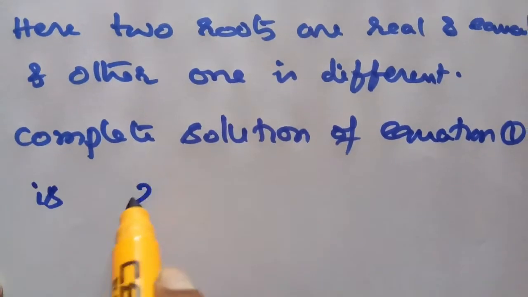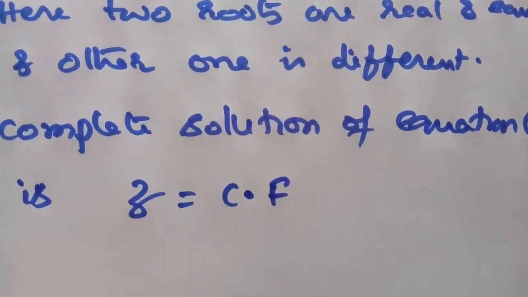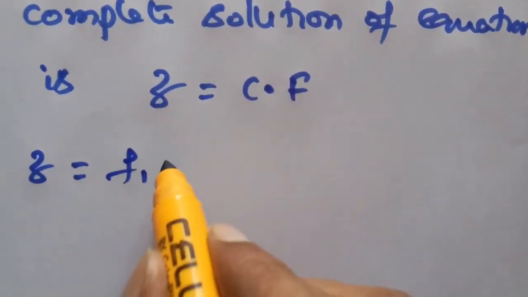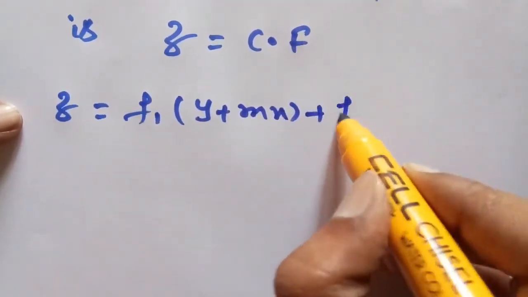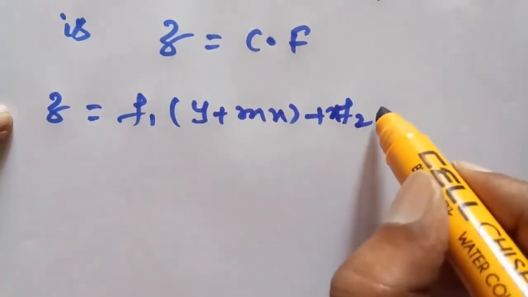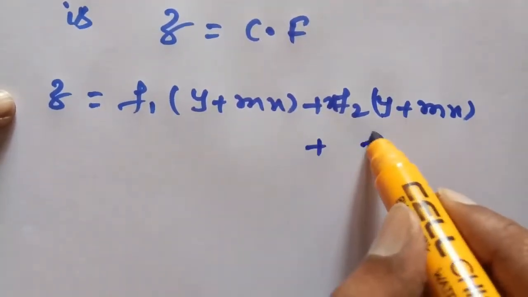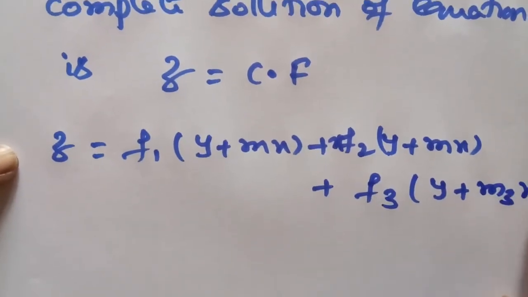Equation 1 is z is equal to complementary function. Therefore, z is equal to f1 of (y plus m1x) plus x into f2 of (y plus m2x) plus f3 of (y plus m3x).